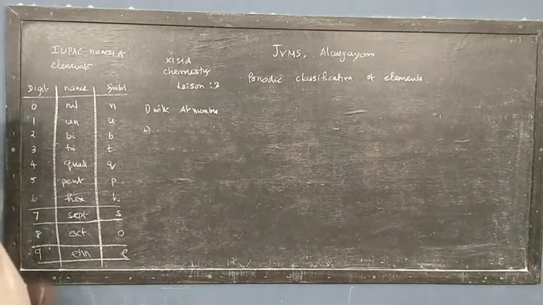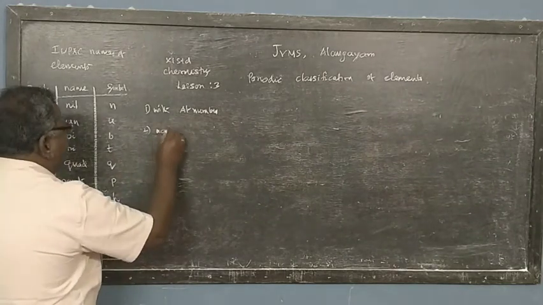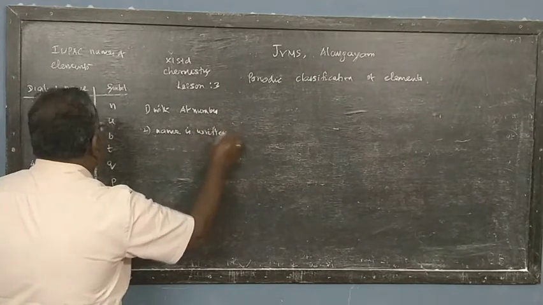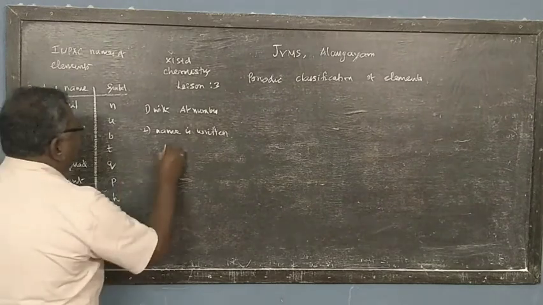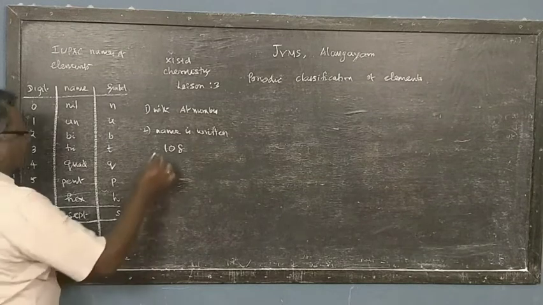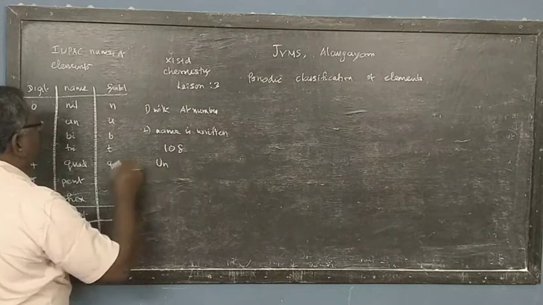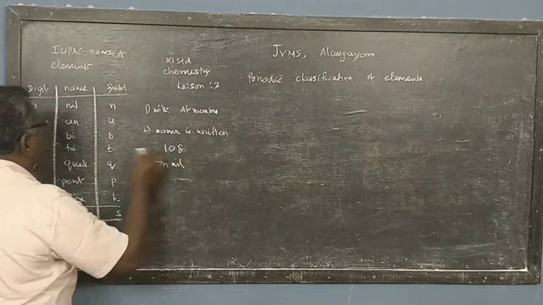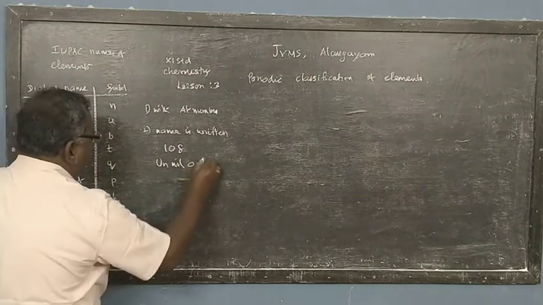So first we write the atomic number. Using the atomic number, the name is written with these 10 words. For example, if it is 108, what is the name of this element? 1 is written as un, and 0 is written as nil, and 8 is written as oct.